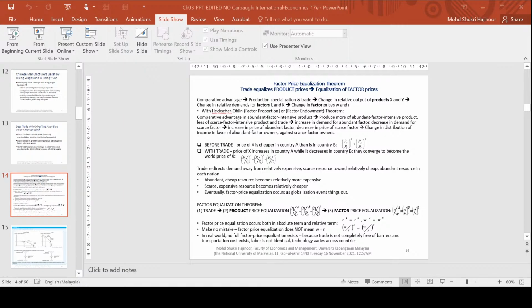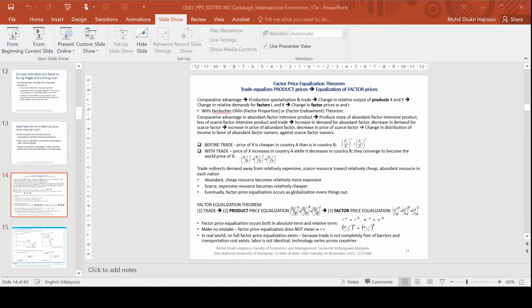Trading with Heckscher-Ohlin will lead to more use of capital, will lead to increase in the price of capital, which is a rise in interest rate. Increase in price. On the other hand, it will lead to decrease in the price of the other factor, the scarce factor in that country. And this leads to change in the distribution of income in favor of abundant factor owners.